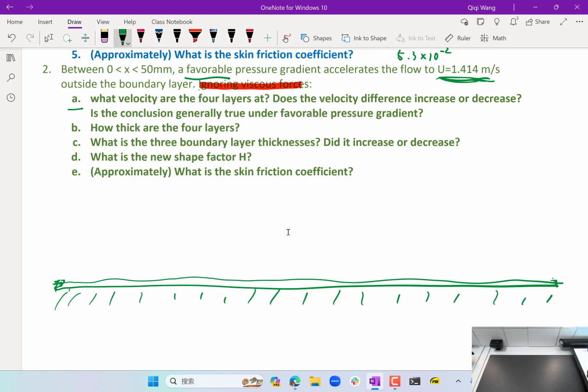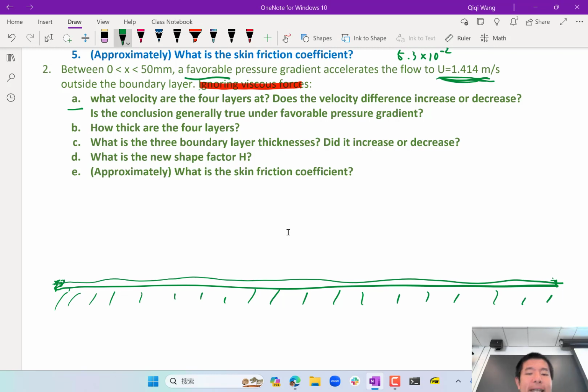So even if it thickens by a factor of 2 or thins out by a factor of 2, it is on the order of 1 millimeter over the length of 50 millimeters. So the resulting streamline curvature is going to be very, very small, right? So that is the aspect ratio, right? The thickness of the boundary layer much, much less than the horizontal length scale makes the streamline curvature negligible.